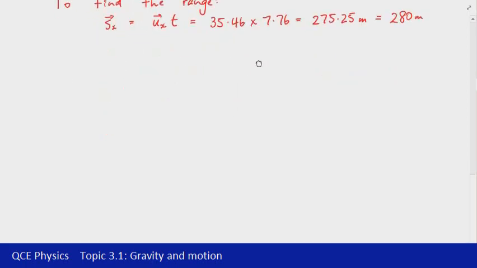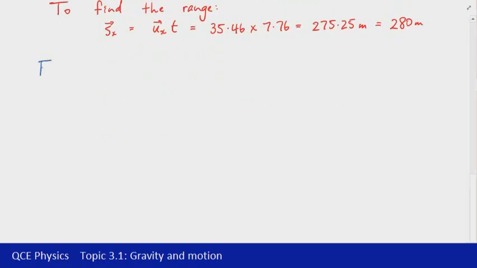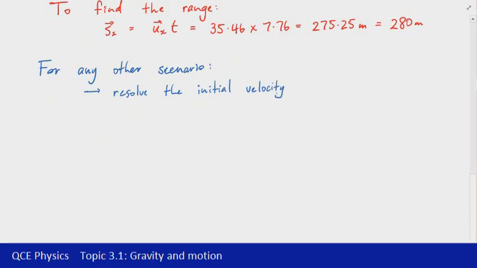Now, just to generalize a little bit here, if we consider any other scenario, so basically anything that isn't a special scenario, it's just a matter of following the usual steps that you would for any projectile motion problem. So some of the things that you're going to need to do there is to resolve the initial velocity into components. So that would usually be one of the first steps, obviously after you've defined positive and negative in the vertical.